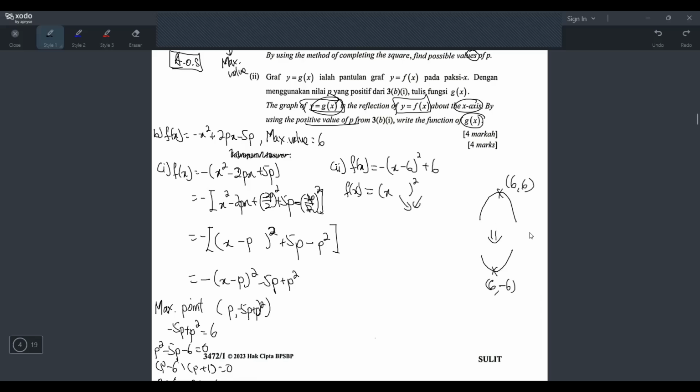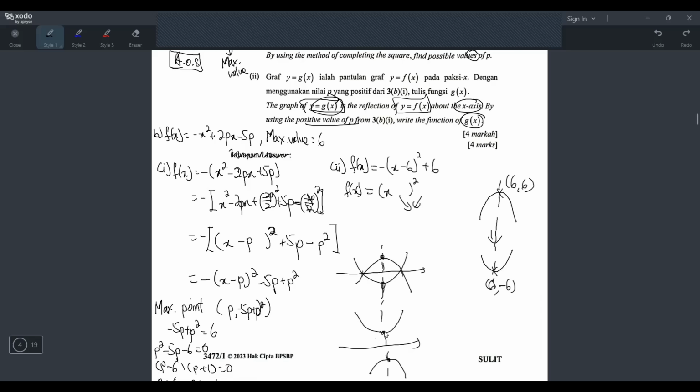Do you know why? Because when you reflect in the x-axis, the axis of symmetry will not change, right? Let's say you have a curve like this, and you have 2 x-intercepts. And when you reflect, it will look like this. So tell me now, the x-coordinate of the turning point, did it change or no change? No change, right? Even if it's like this, when you reflect, it's the same case.